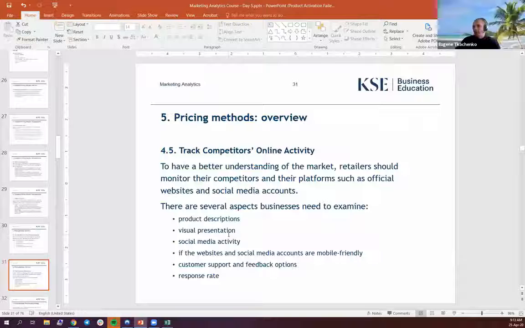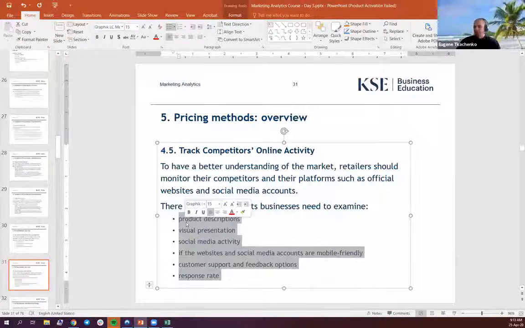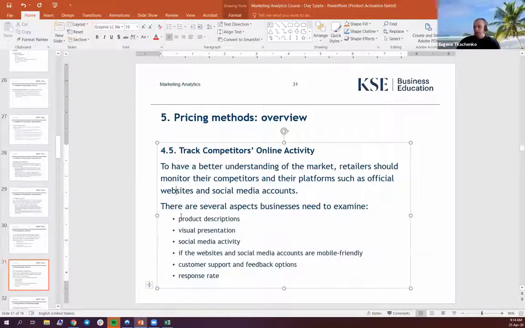So another point is to track competitors' online activity. Because these days all work is about digitalization, you can easily go and check product descriptions, visual presentations, social media activities, any sort of information which may help you to facilitate, first of all, the process of conversion or encouragement of your target audience to buy products from you, when we are talking about retail, based on the practices your competitors are doing right now.